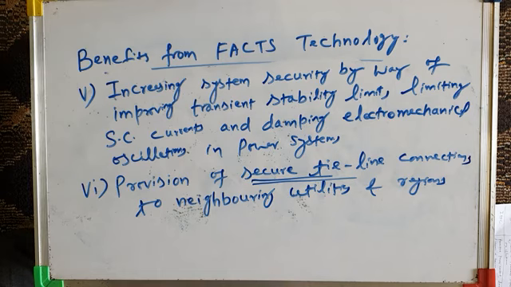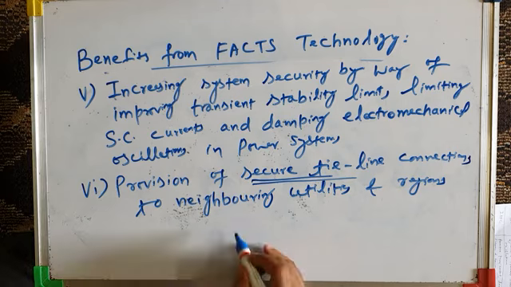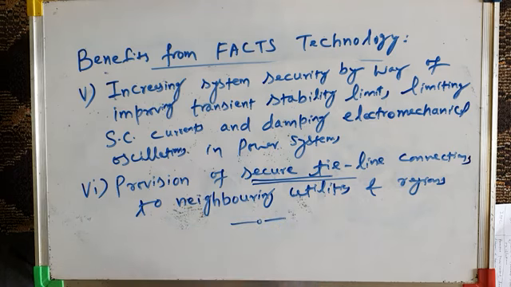We can also provide voltage support at system buses using FACTS technology. With the help of FACTS technology, the system becomes more secure by way of improving its transient stability limit, limiting the short circuit current magnitudes, and quickly damping electromechanical oscillations. And finally, it provides secure tie line connections to neighboring utilities and regions. So these are some of the main benefits from FACTS technology.